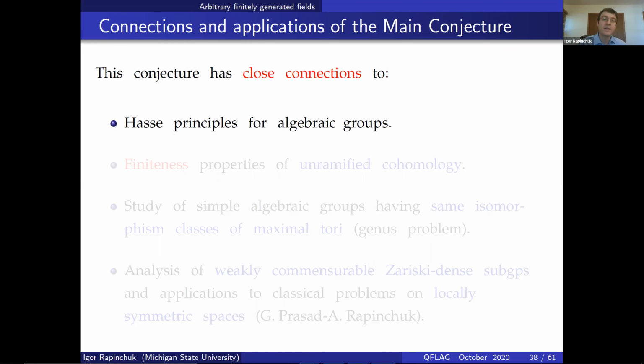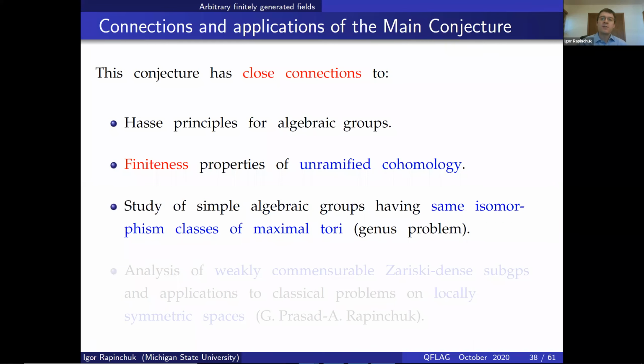So in the next subsection, I'll indicate one connection to the study of local global principles, or Hasse principles, for linear algebraic groups. Next, when working on this conjecture for spinor groups and certain other kinds of groups, one is naturally led to study some finiteness properties of unramified cohomology.